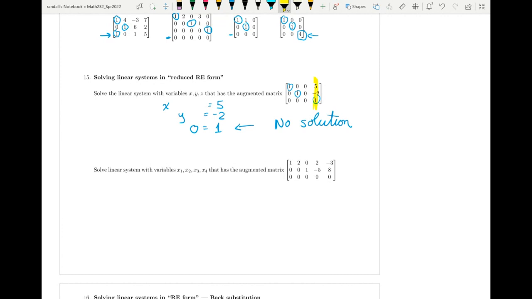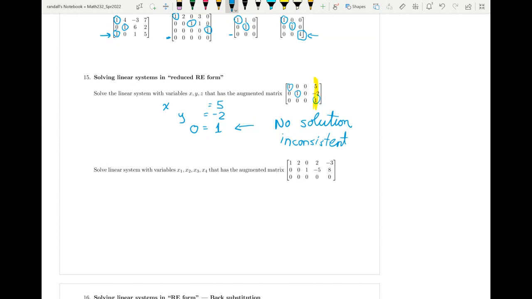Now you begin to see how you can recognize from an augmented matrix whether the system is consistent or inconsistent. So this is an inconsistent system. Because it may have arisen from a system of equations that weren't in echelon form, so you couldn't obviously tell whether there's a solution or not, because the echelon form has no solution, the original system has no solution.